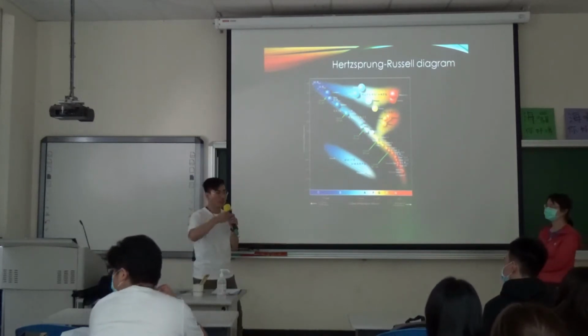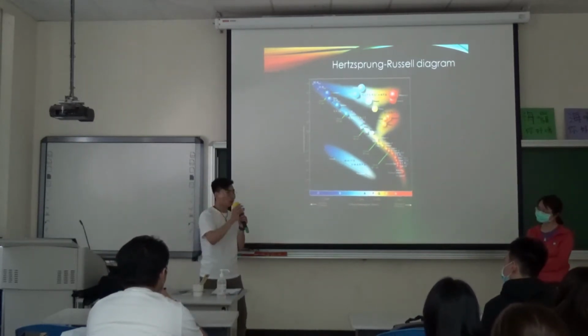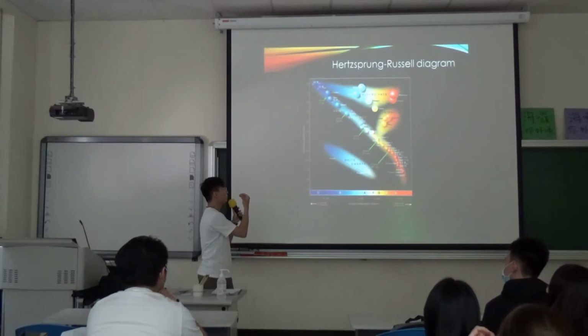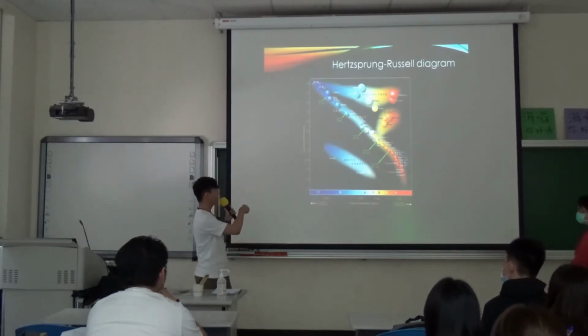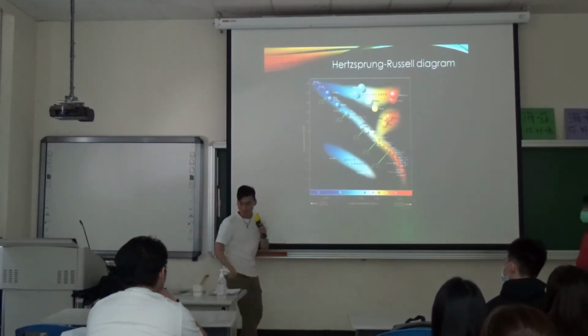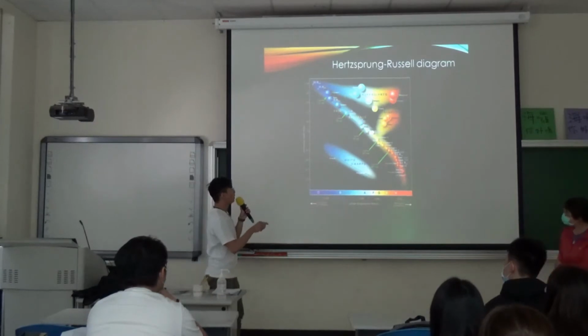The temperature becomes colder, and its luminosity becomes dimmer, lower. So in this way it moves from the top right to the bottom left.